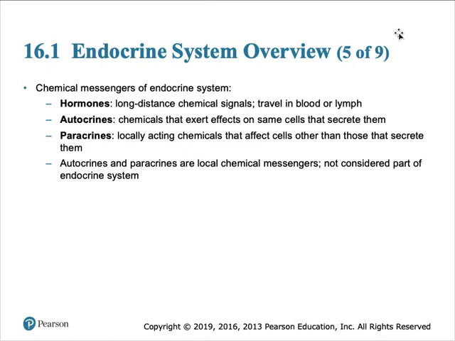An autocrine, remember auto means self, so autocrines are released by a cell and then affect the cell that released it. So they are self hormones essentially. Instead of having to travel through the bloodstream, they get secreted locally and the cell responds itself to whatever is secreted. Okay. Then paracrines are kind of in between the two.